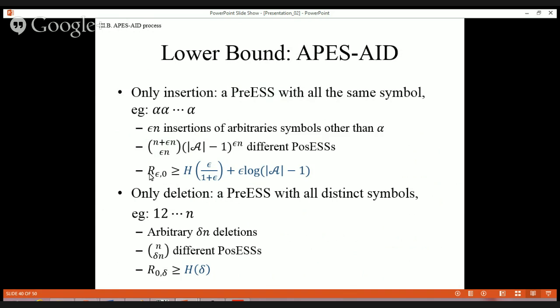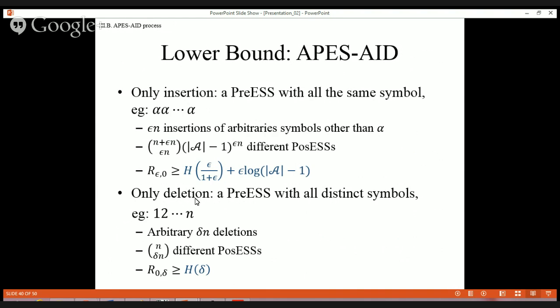So the lower bound for the optimal rate for the only insertion process is the entropy of epsilon over 1 plus epsilon, plus epsilon log A minus 1. The physical meaning of this is basically the positions of the insertions and the content of the insertions.